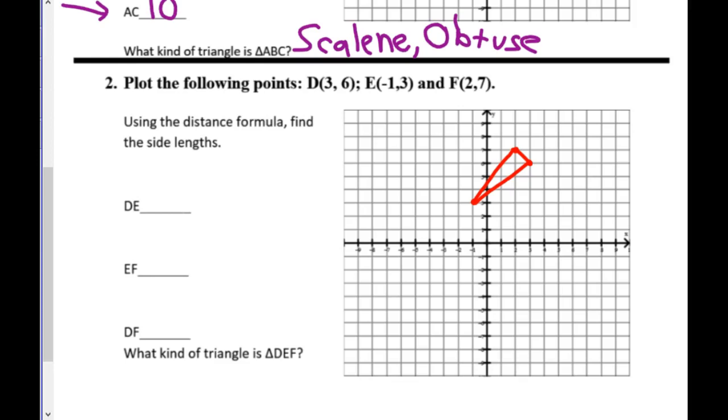Okay, now let's do, again, distance formula. So DE, so -1 minus 3 squared plus 3 minus 6 squared.